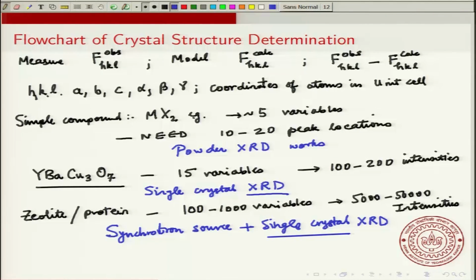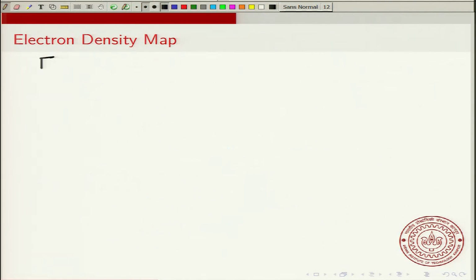So, now the question is the following. If you finish indexing the peaks, suppose you have f of HKL, and you know the HKL and you have identified, so peaks have been indexed. So you know f of HKL for all HKL.